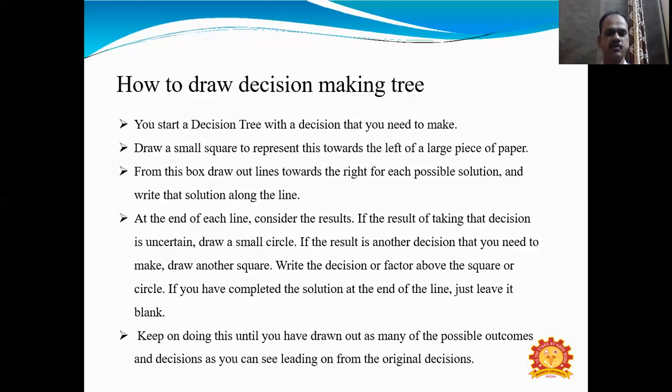Keep on doing this until you have drawn out as many of the possible outcomes and decisions as you can see leading on from the original decision. Whenever you get the leaf node value, that is the final value of the decision tree.